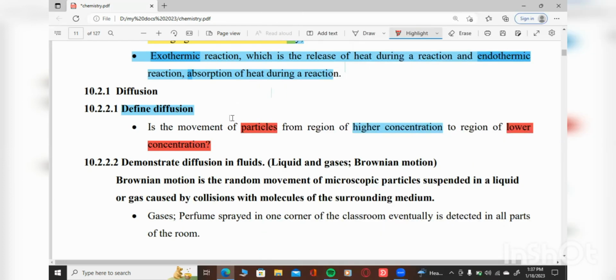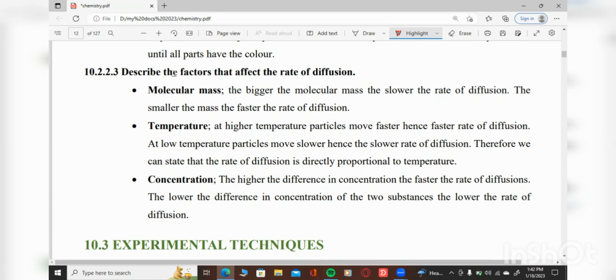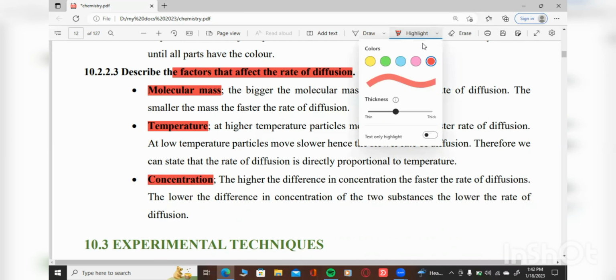Okay, so what are the factors that affect the rate of diffusion? We have the size of the molecular mass, we have the temperature, and also the concentration. Okay, these three affect the rate of diffusion.